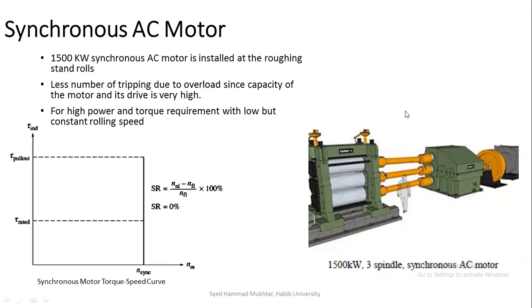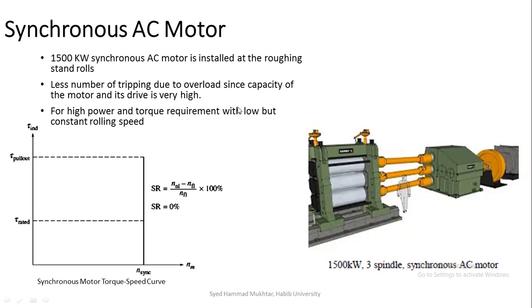As you can see in the picture on the right hand side of the screen, this is a 1500 kilowatt 3 spindle synchronous AC motor, which is installed at the roughing stand rolls at the roughing mill. Immediately once the billet comes out of the furnace, it's red hot and has a cuboid shape, which needs to be changed into a rod or whatever is required to be made.